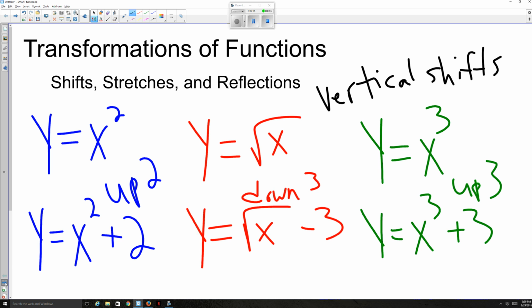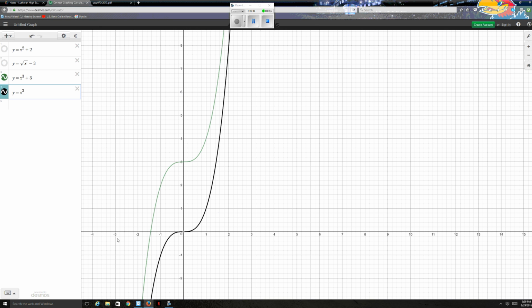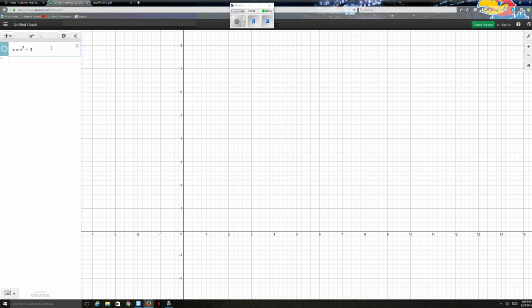Okay, all right, let's move on here. Let's consider the following. Now, all of these are from the form y equals x squared. So let's graph all of these. I'm going to get rid of all of these unnecessary ones. Let's put that in blue.